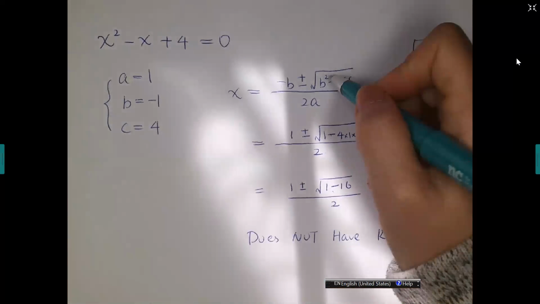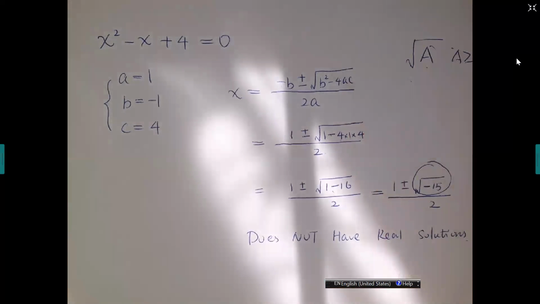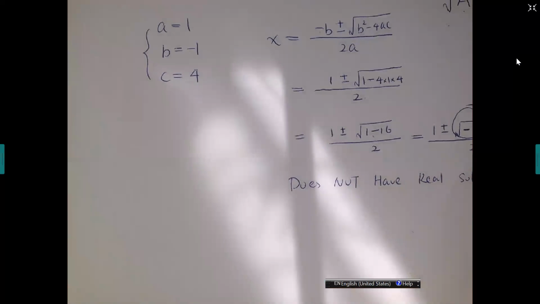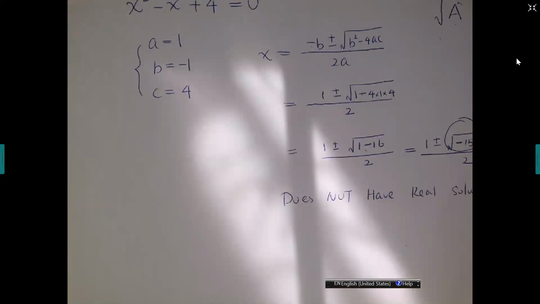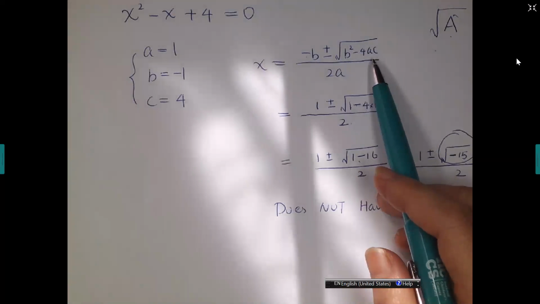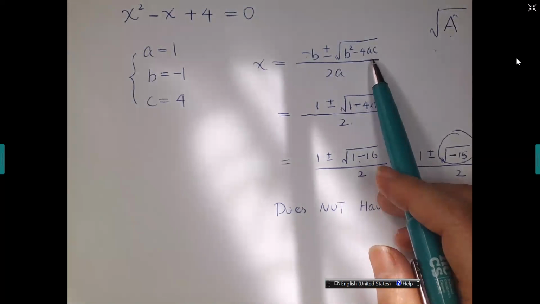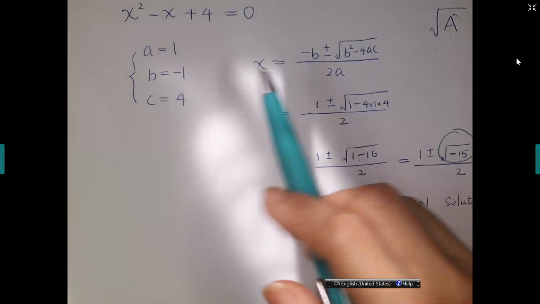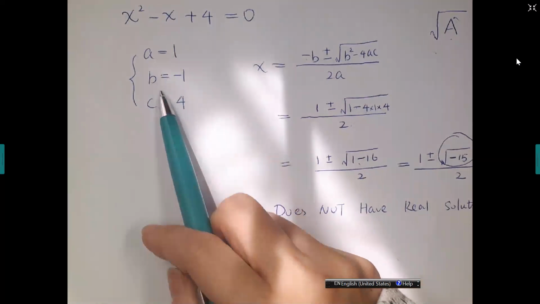Okay, so my preferred way is this. Not all equations have real solutions. And when we apply the quadratic formula, this is what I used to do. My math teacher, when I took this class, told the class: step 1, write down a, b, c.